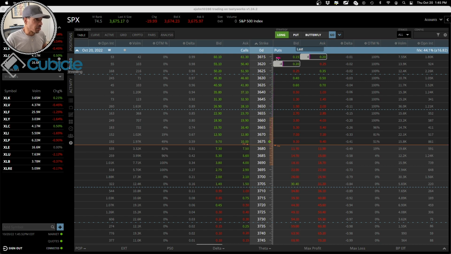I'm not concerned about it testing my vertical put credit spread. It's only a little over 2 hours left before the market closes, so I don't foresee the price of SPX moving roughly 55 points within the next 2 hours. I don't think that's going to happen.